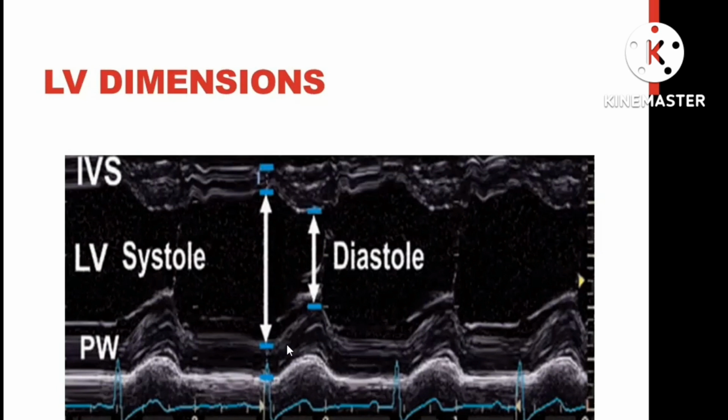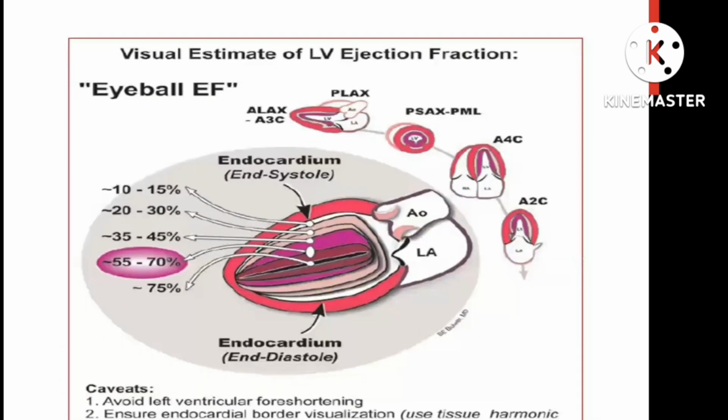If we give this report and the M-mode measurement line is placed, then you can calculate the ejection fraction, stroke volume and others. But the eyeball method is recommended, especially in the emergency.